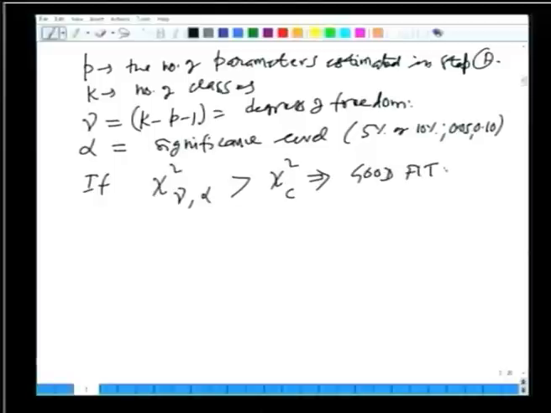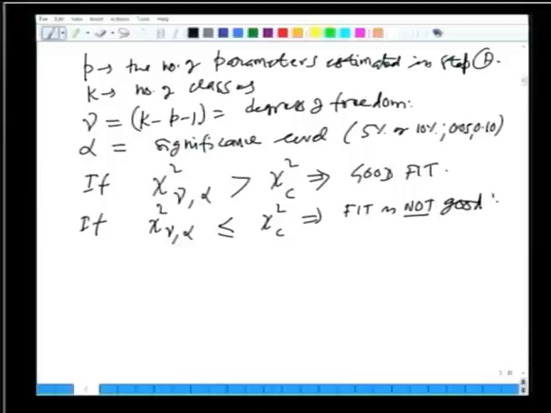Okay, it is as good as that. On the other hand, if your chi-square for certain degrees of freedom and significance level is less than or equal to chi-square computed, means the fit is not good. Okay.